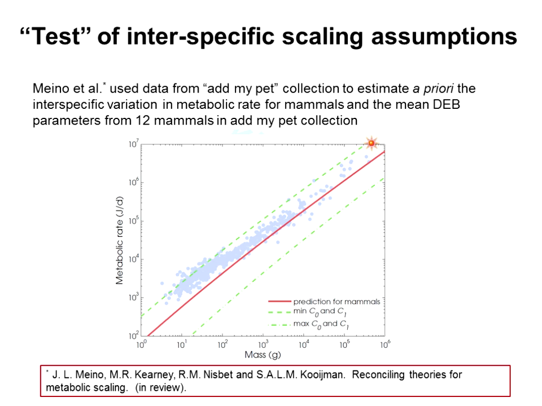The broken lines represent confidence intervals based on the variability of the estimate of the individual DEB parameters that he came up with.